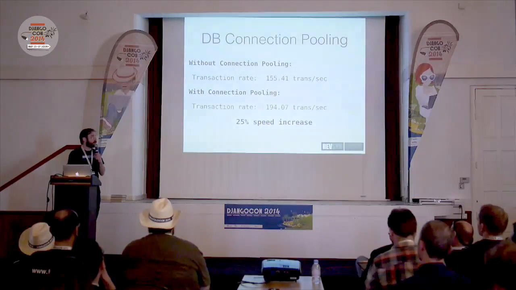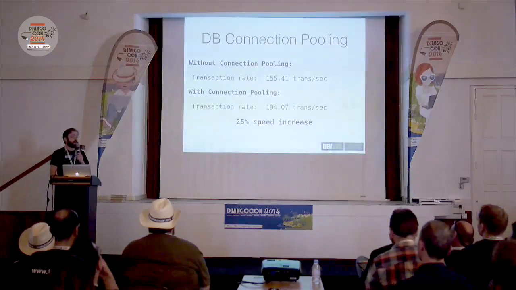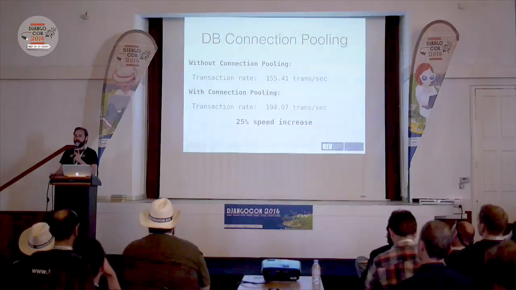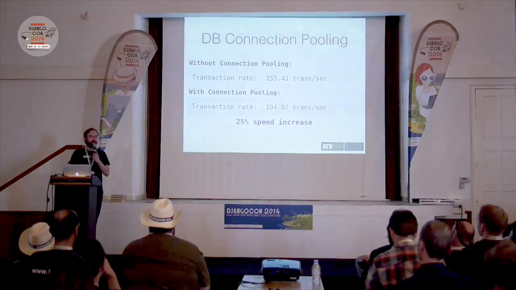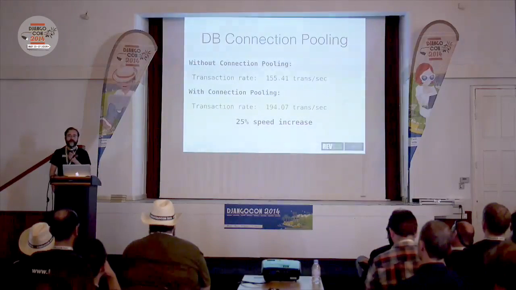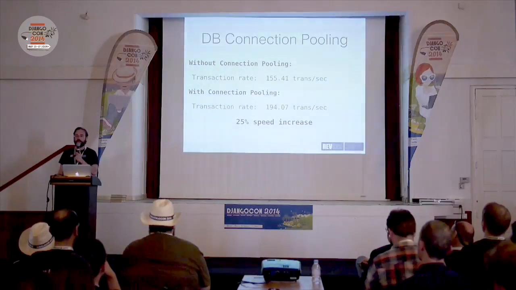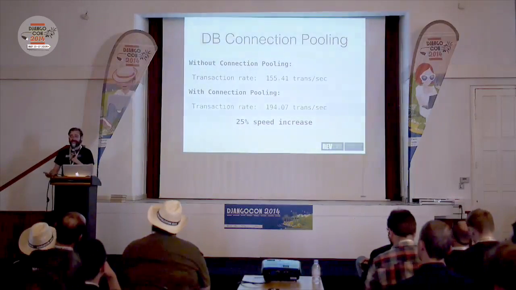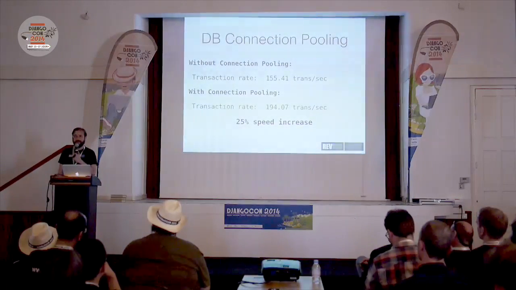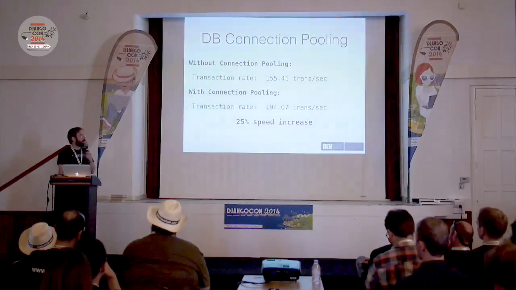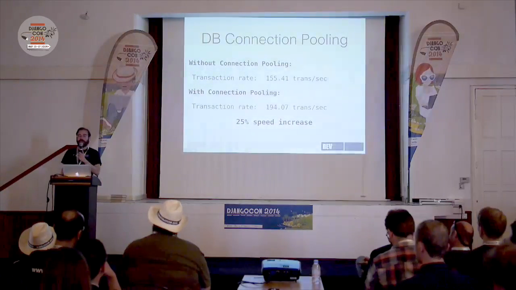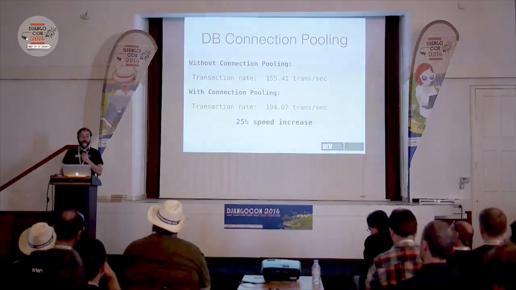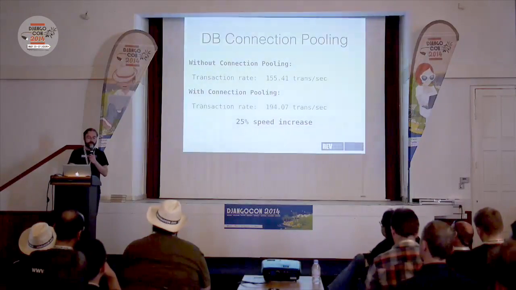So on our local, we got 25% speed increase because these are simple apps. They're doing simple things, but a lot of that time was just connecting to the database. And these are easy things to forget. Your app works, it seems fast, you hit it, it's fine, this is fast enough, but we changed one little line of settings and got rid of a whole bunch of performance problems that now seem a whole lot faster to our users.